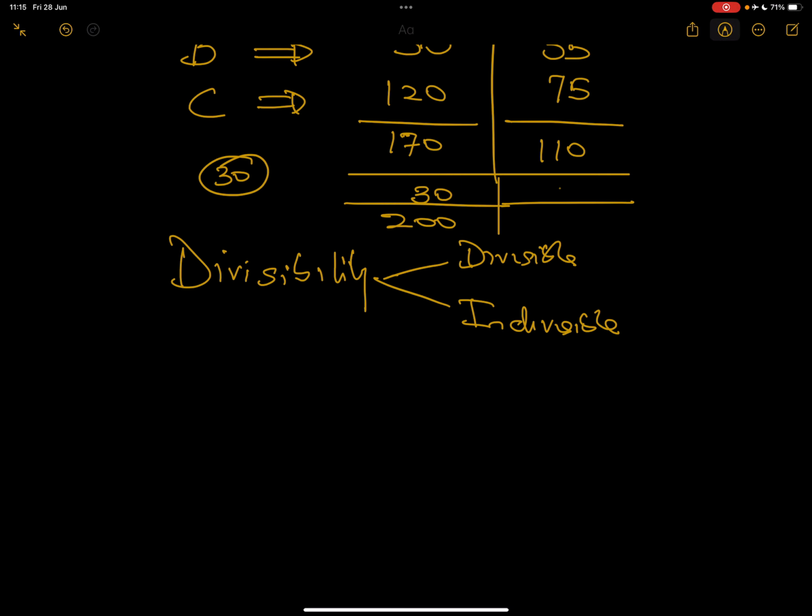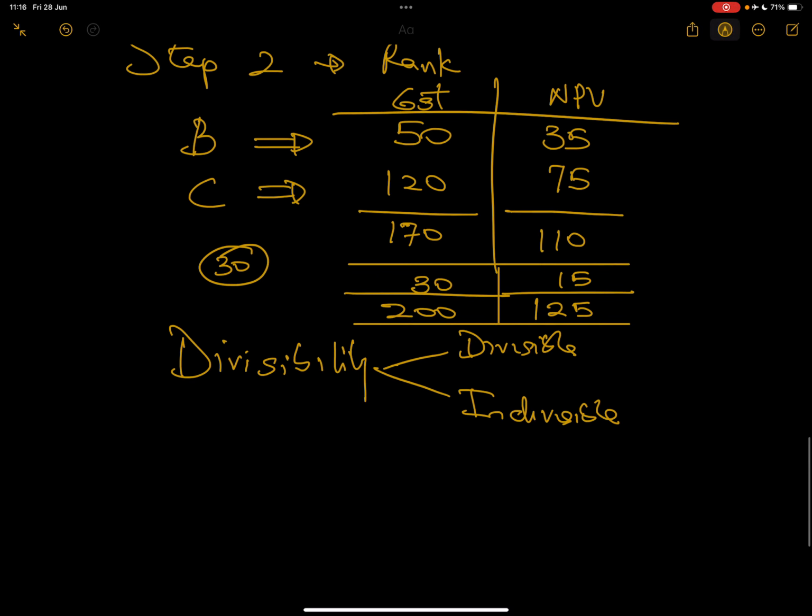So you can get an additional 15 NPV, so that your total NPV, the maximal best decision ever taken, is to do 100% of B, 100% of C, and 30% of A. And doing that will give a maximum NPV possible of 125.